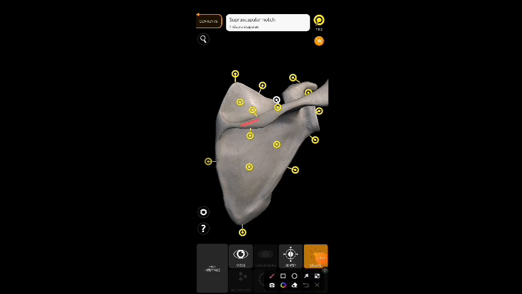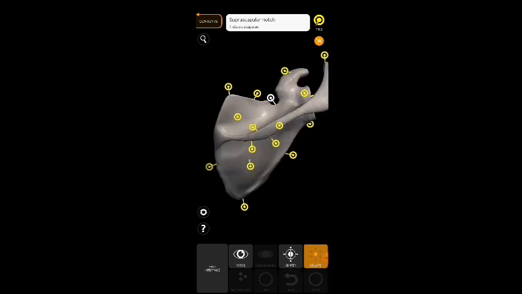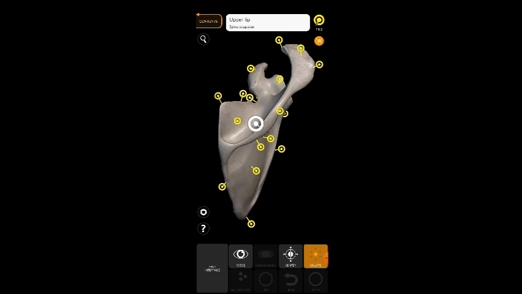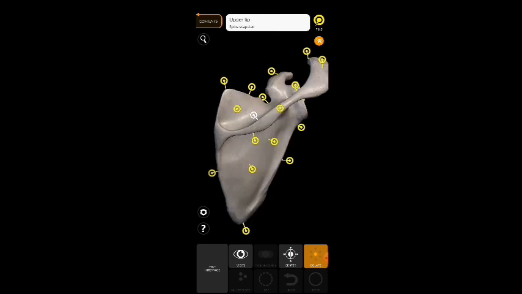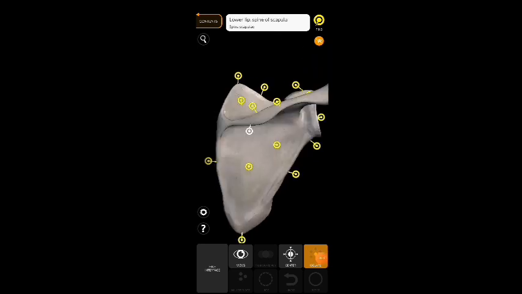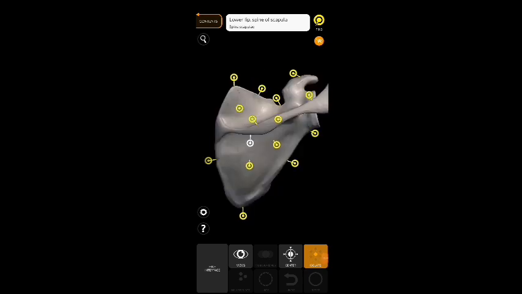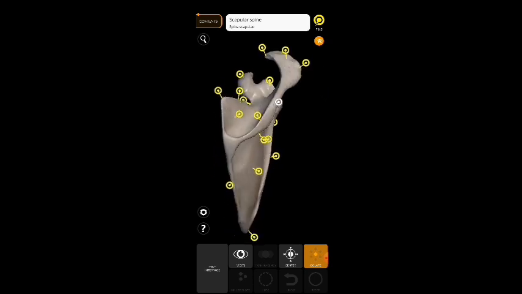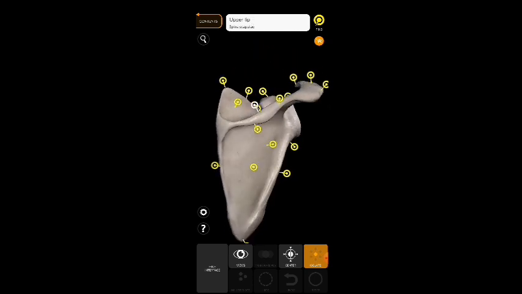This is called the crest of the spine, and the crest of the spine has 2 borders, the upper lip and lower lip, together called the crest of the spine.